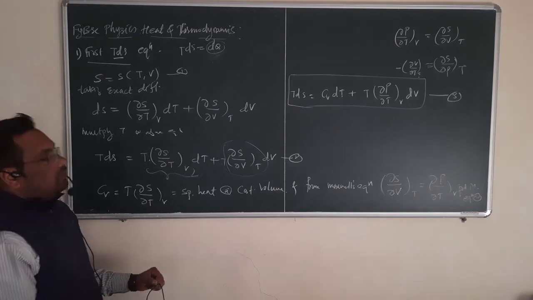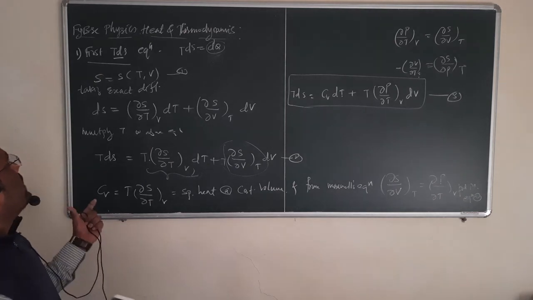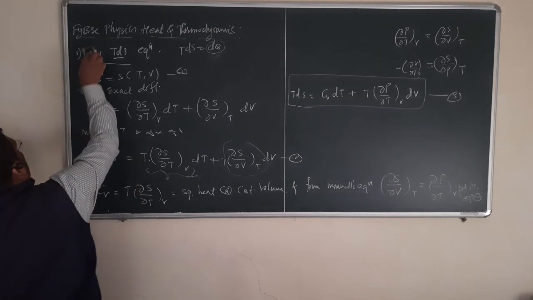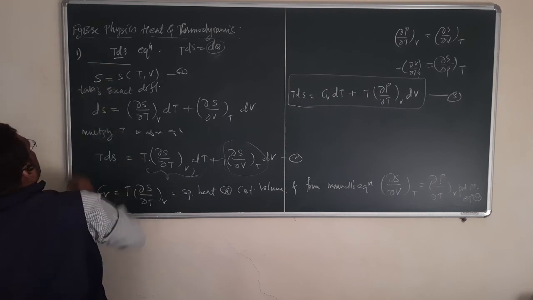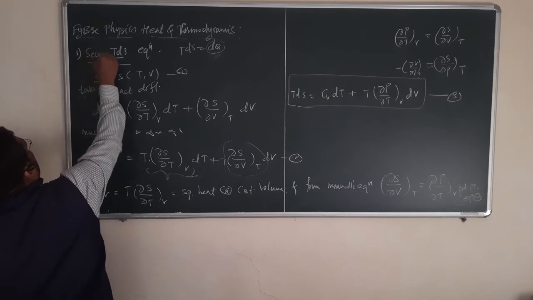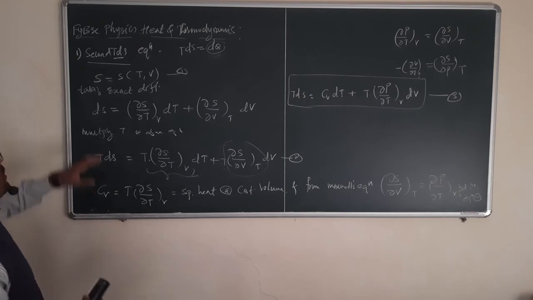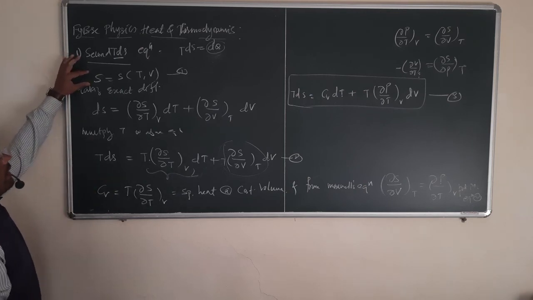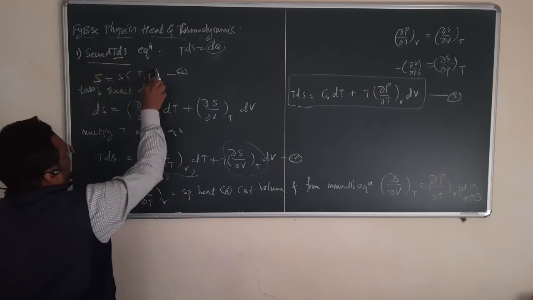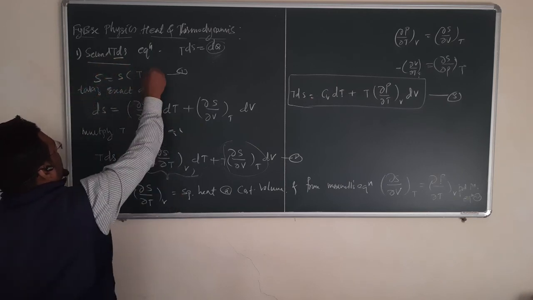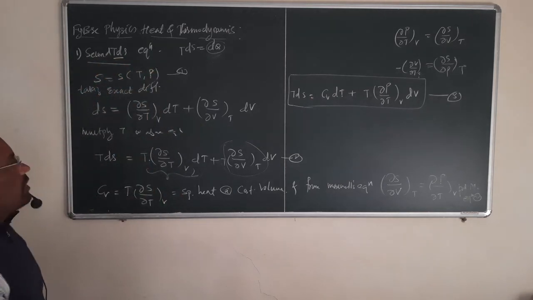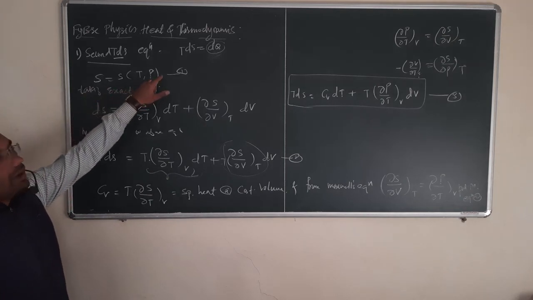Now we are going to study the second TdS equation. From the first TdS equation, we can easily derive the second TdS equation. For that, we have to take entropy as a function of temperature and pressure, so we replace volume by pressure.